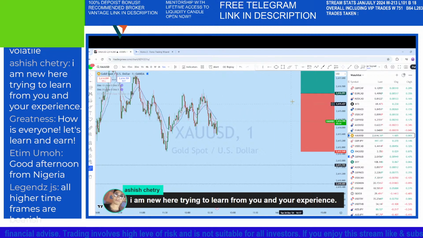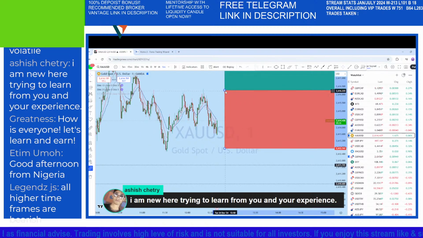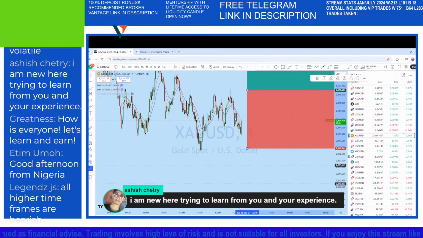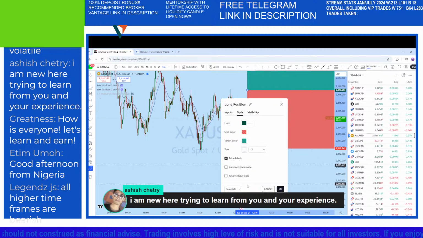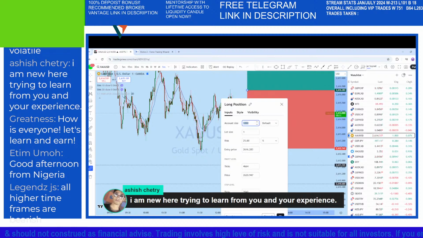Okay, so you see one candle getting a rejection here, and so stop loss at 2612.40.